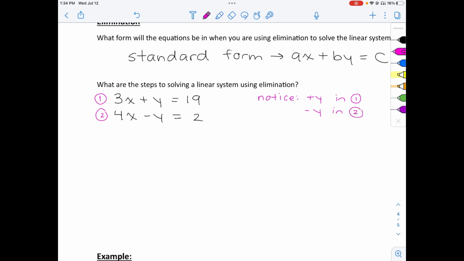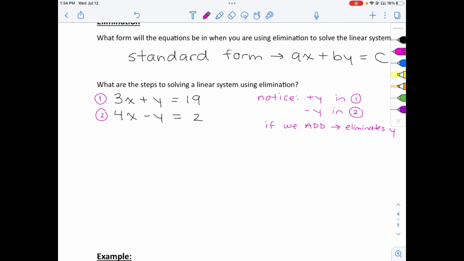So I'm noticing that both of those terms have a coefficient of y. One of them is positive, one of them is negative. But if I were to add them together, it would eliminate y. Okay, so that's why this method is called elimination, because we are going to eliminate or get rid of one of our variables.